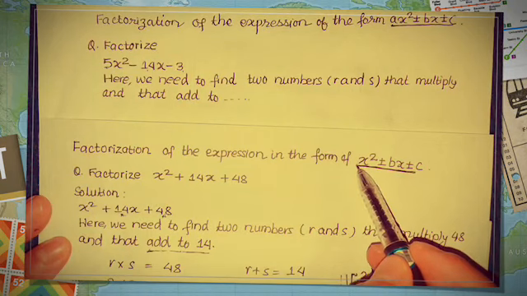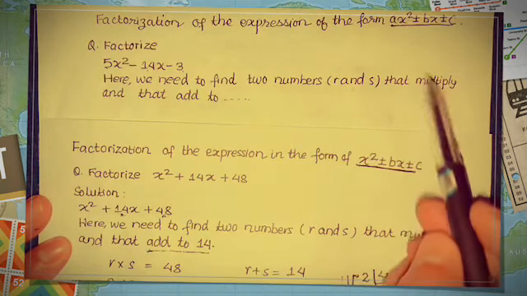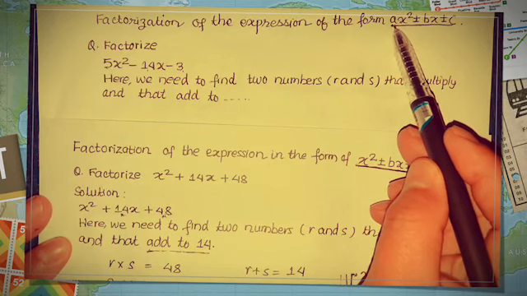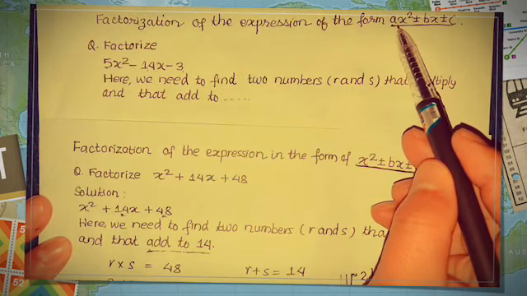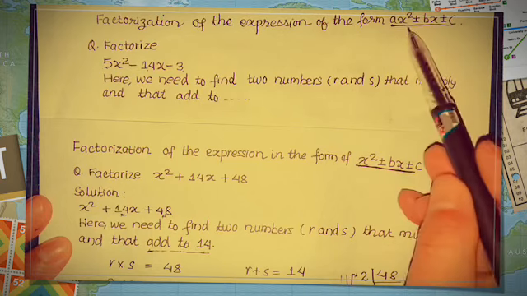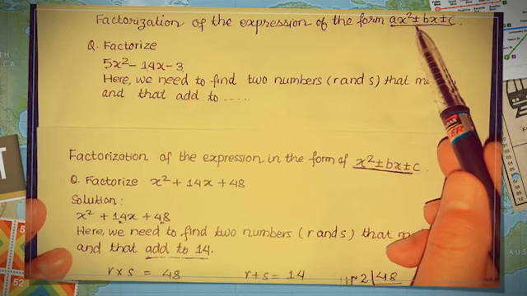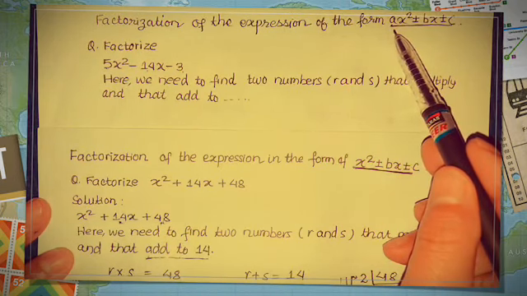There the leading coefficient is 1, and here the coefficient of x², the leading coefficient, is a, which is other than 1. So this is the difference, and because of it we have to follow a slightly different method to factorize.